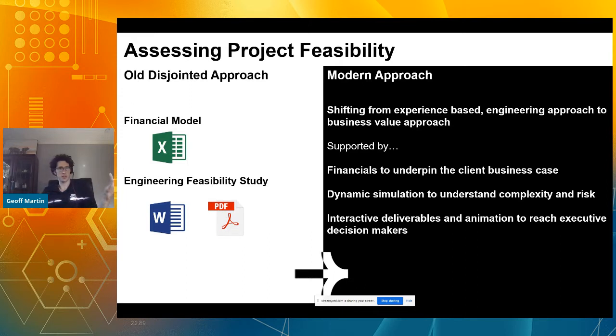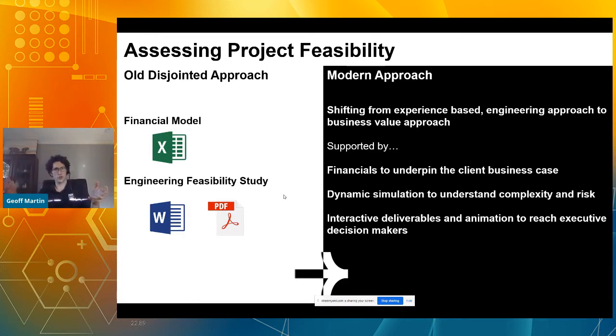The business analysts need to know about the financial side as well. Typically those were done by different consultants. You'll have an Excel model for your financial model. Then the engineers will create a report and some design diagrams, and they'll be generally pretty disjointed.